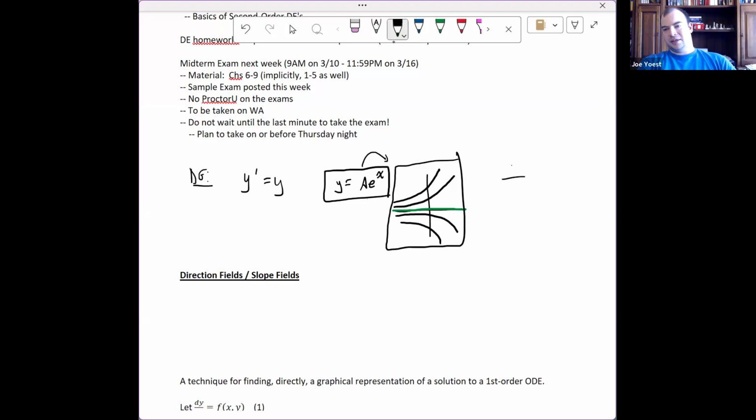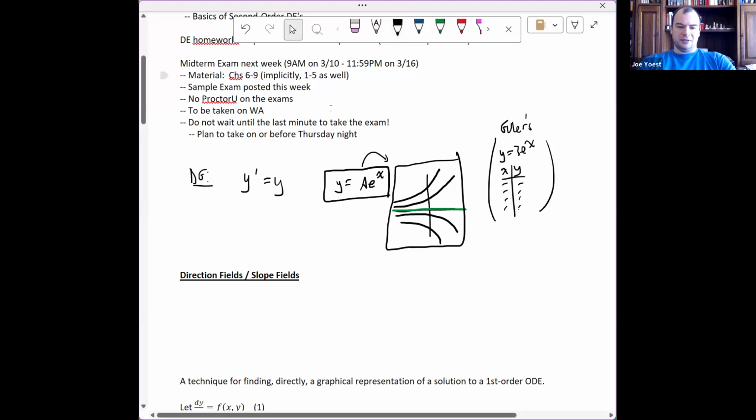And then, of course, I can pluck out a certain function, y equals 3e to the x or something, and construct a table of values. That would be another way to represent such a function. And this is what Euler's method does. If I have the algebraic solution, I can pretty easily get the graphical and the tabular solution most of the time.